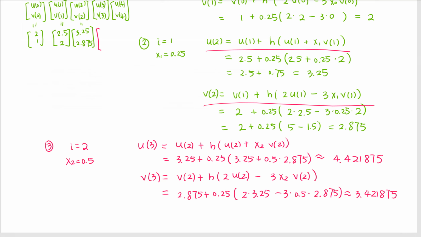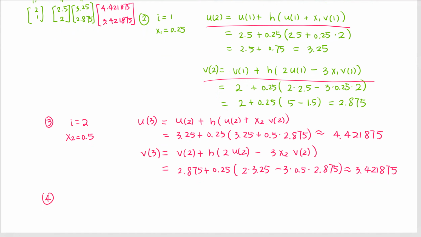Okay, so this is 4.421875, and 3.421875. Okay, last step. i equals 3, x3 equals 0.75.